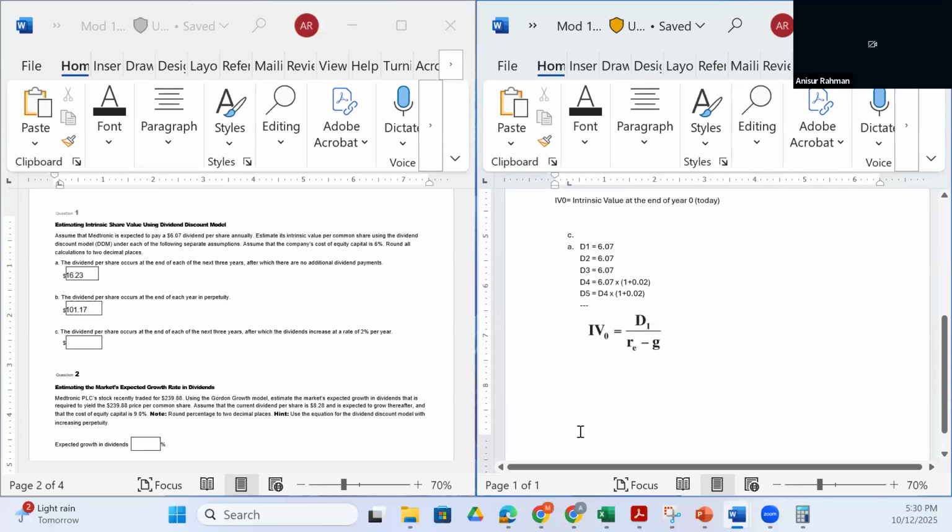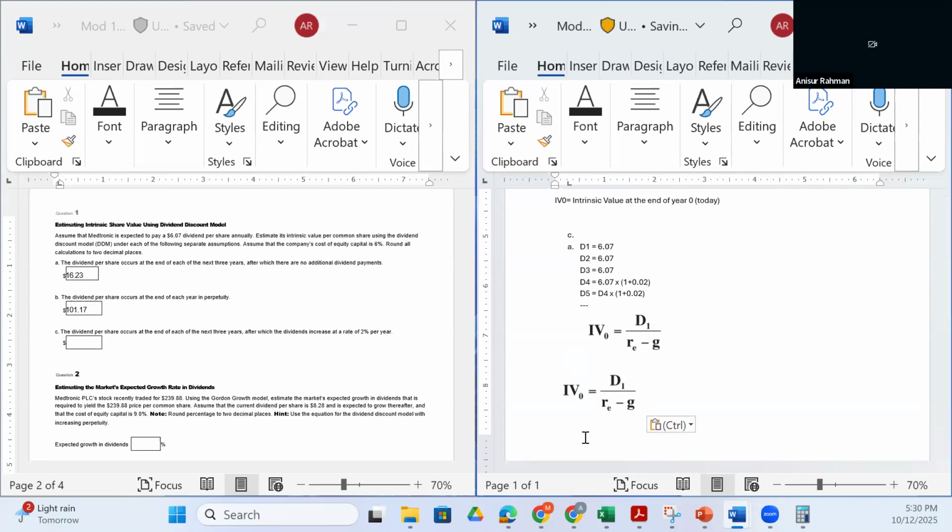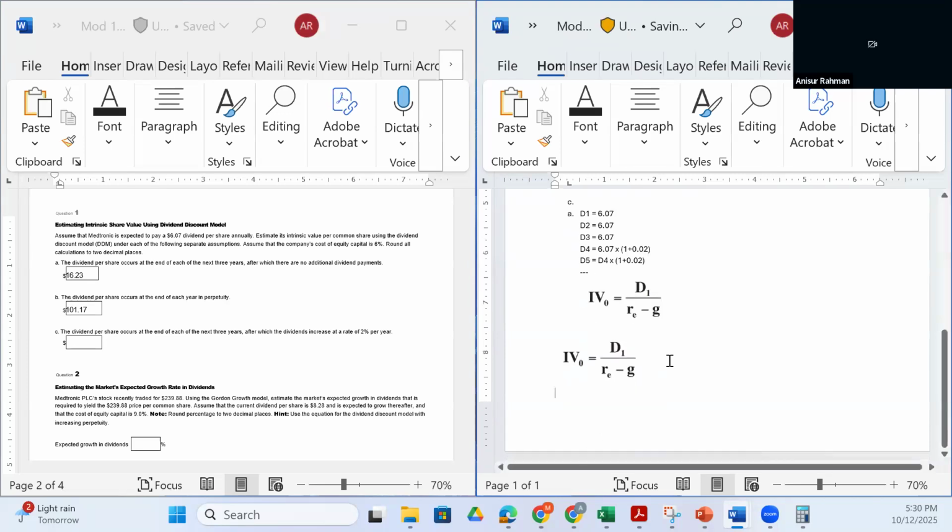One way to solve this is we'll find the present value of D1, D2, and then the present value of D3 plus our intrinsic value at the end of year 3.